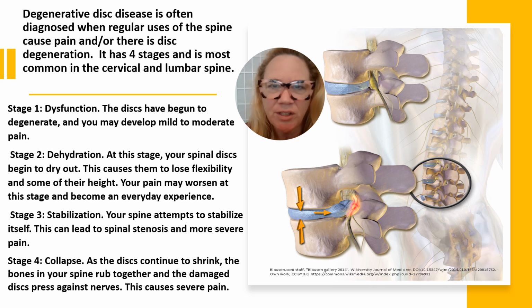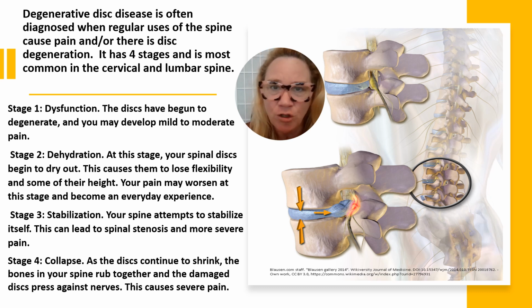Degenerative disc disease is most common in the cervical or lumbar spine, and it's categorized with 4 different stages. It is diagnosed by physicians when regular use of the spine causes pain or when there's disc degeneration that's found on diagnostic imaging.